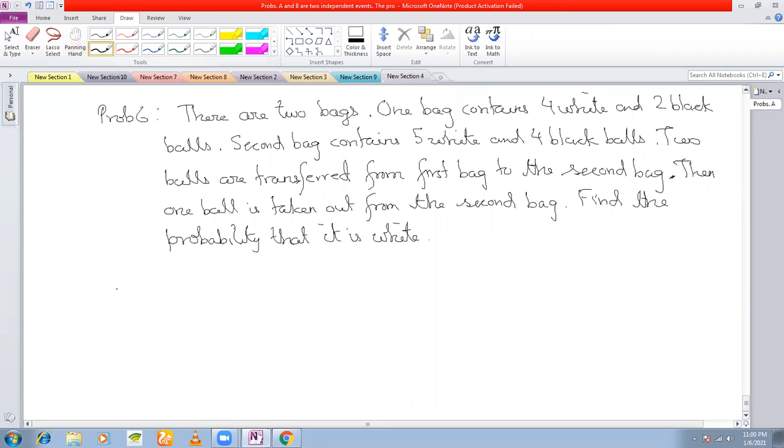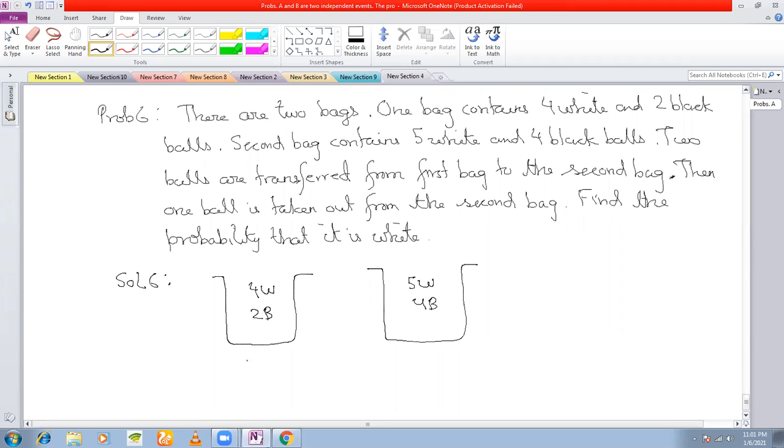Have you understood the problem? Let us first understand the problem. Two bags are there. This bag contains 4 white and 2 black balls. And this bag contains 5 white and 4 black balls.